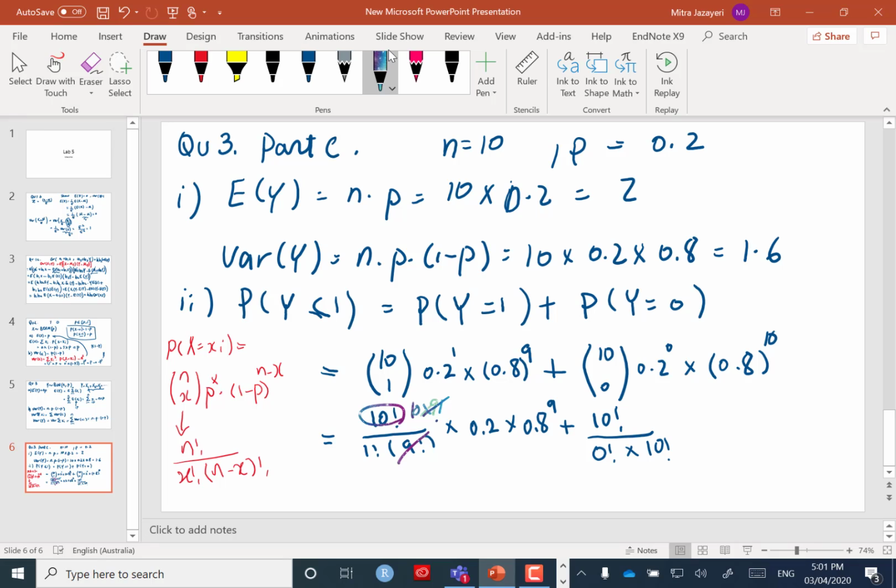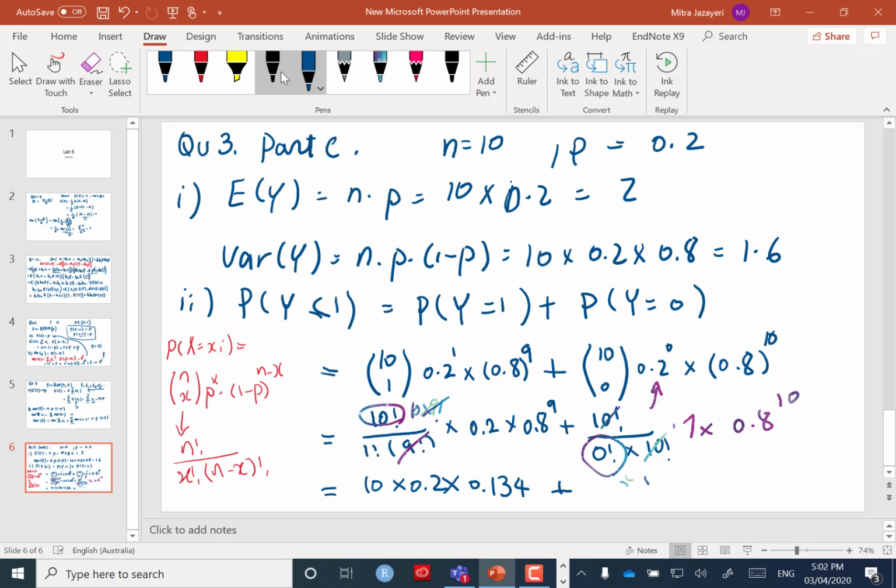All right? So that will give us 10 times 0.2 times 0.134 plus the other one, which is 1 times 0.8 to the power 10, which is 0.1073, which gives us 0.376.